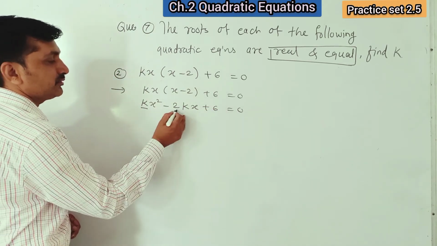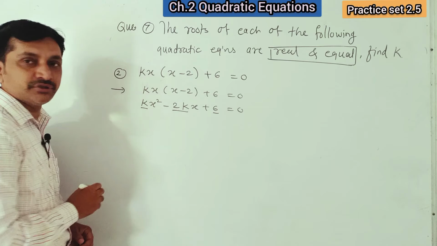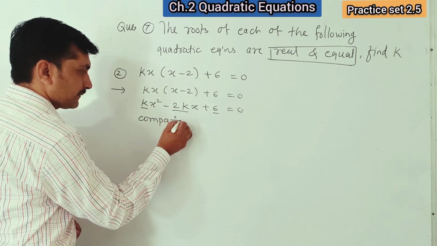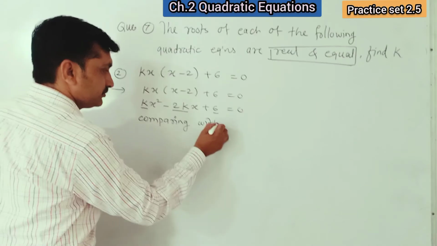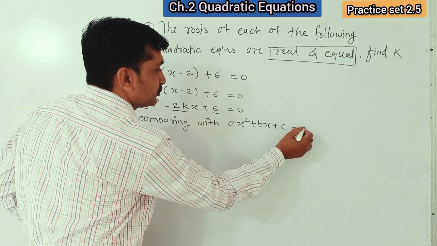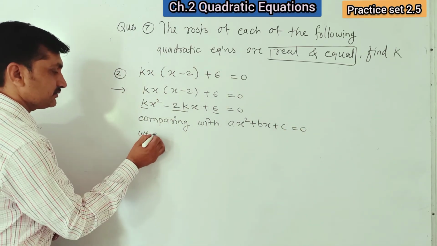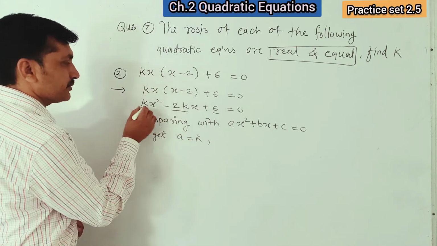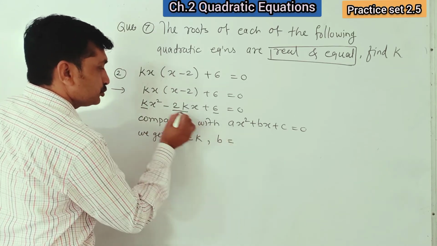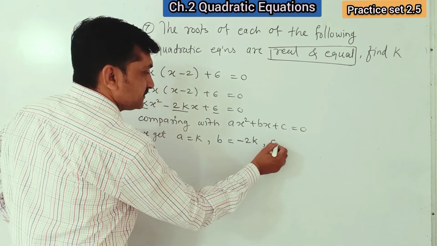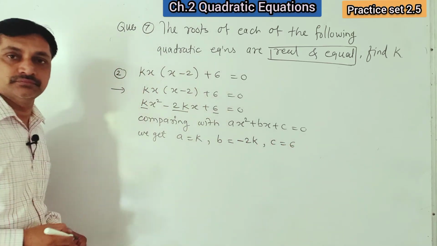Comparing with ax square plus bx plus c is equal to 0, we get a is equal to k, the coefficient of x square, b is equal to the coefficient of x with sign, minus 2k, and c is equal to 6.